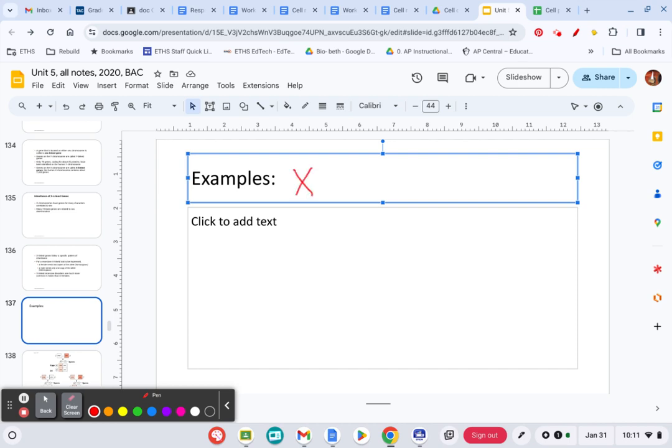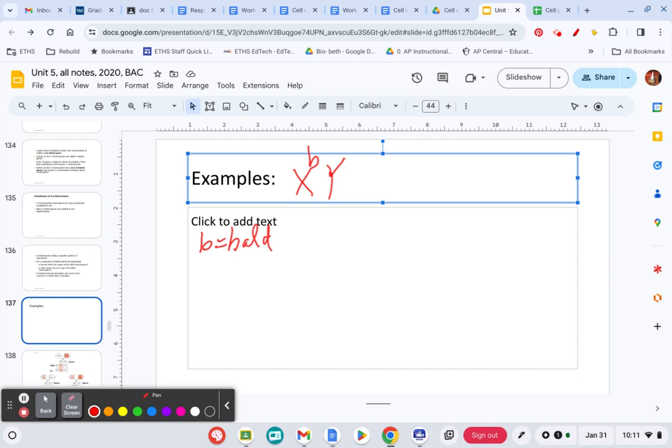What are my sex chromosomes going to be if I'm a biological male? X and Y. And baldness is a recessive trait. Baldness means that you have that small b allele.